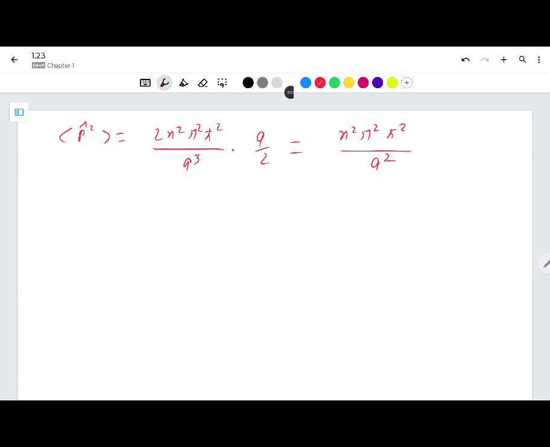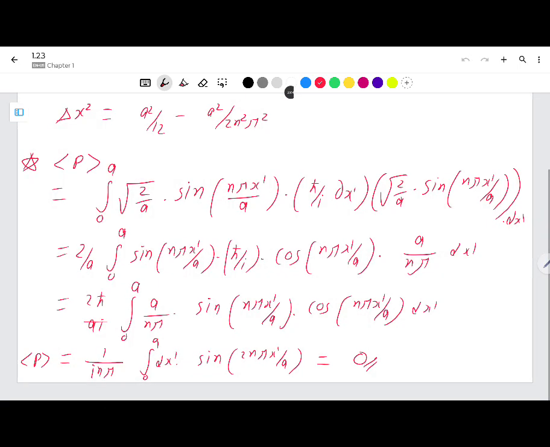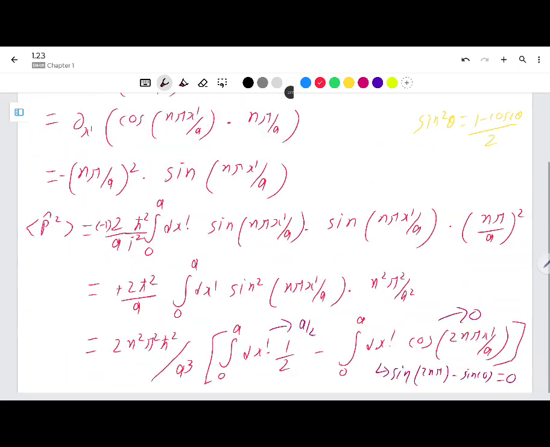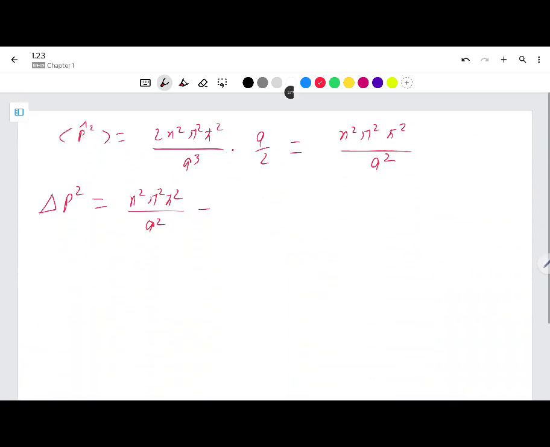Okay, so the variance in p squared is n squared pi squared h bar squared divided by a squared, minus the average of p squared, which is 0, that is n squared pi squared h bar squared upon a squared.